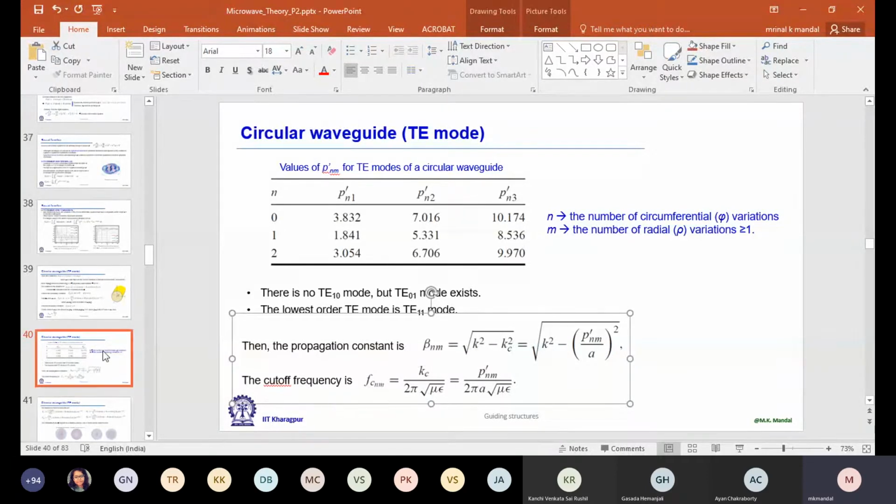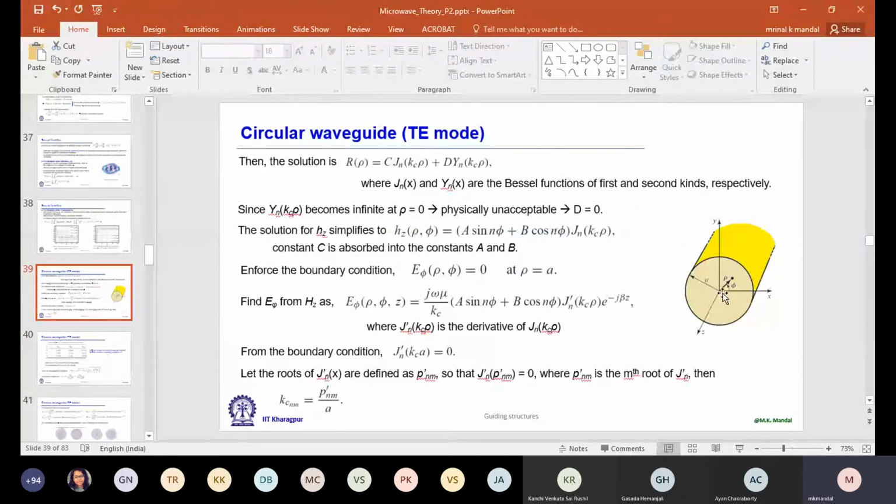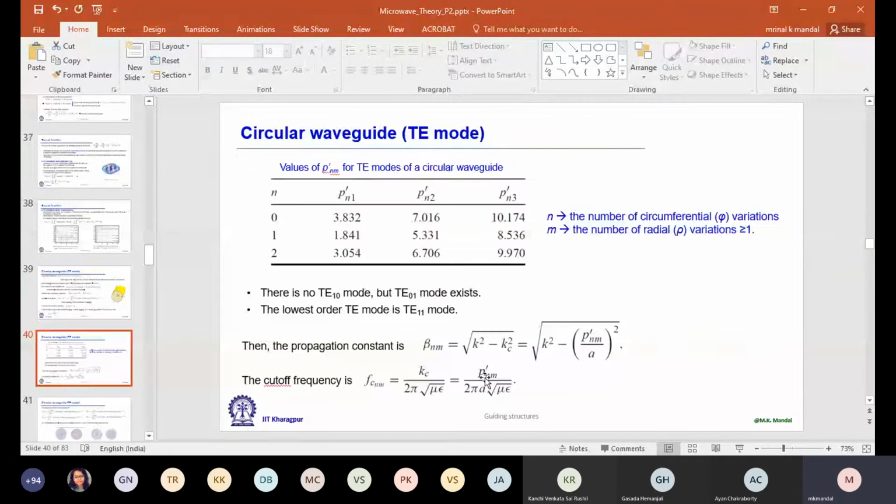And what is a? A is the radius of the circular geometry. So that's how we can calculate the cutoff frequencies. Just put the values from this table and find the cutoff frequencies for any given dimension.